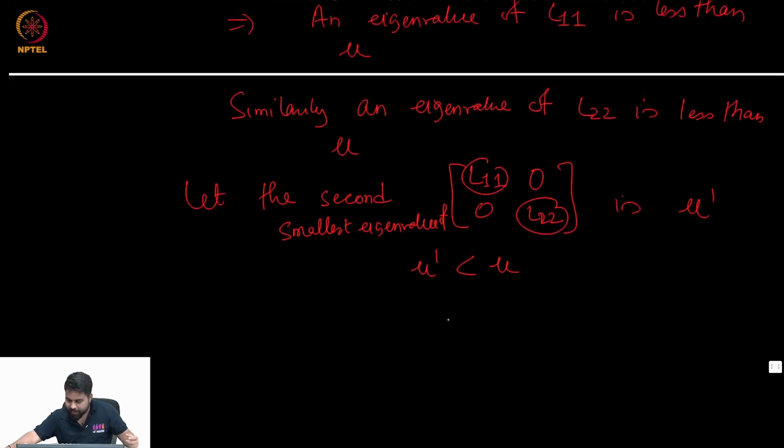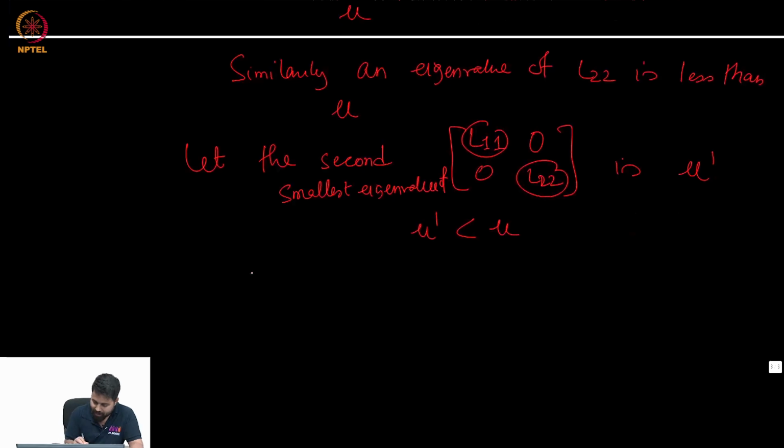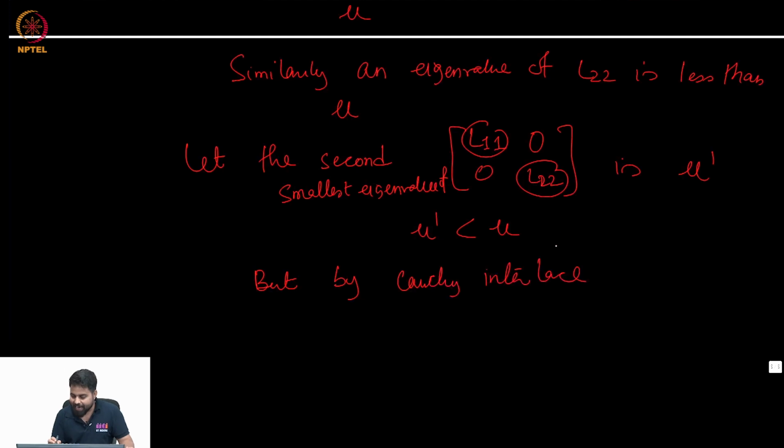But by Cauchy interlace theorem, remember this is a principal submatrix of L. We know that the second smallest eigenvalue of the larger matrix must be less or equal to the second smallest eigenvalue of this.